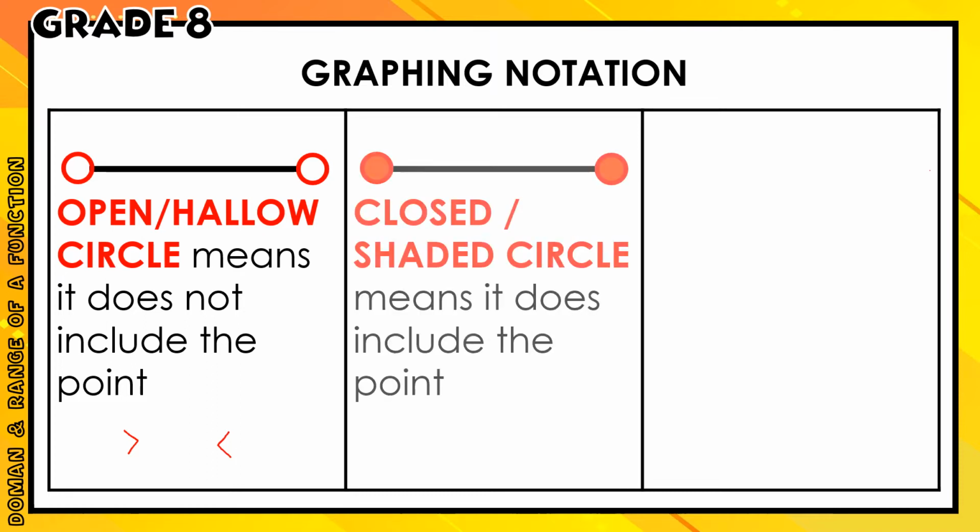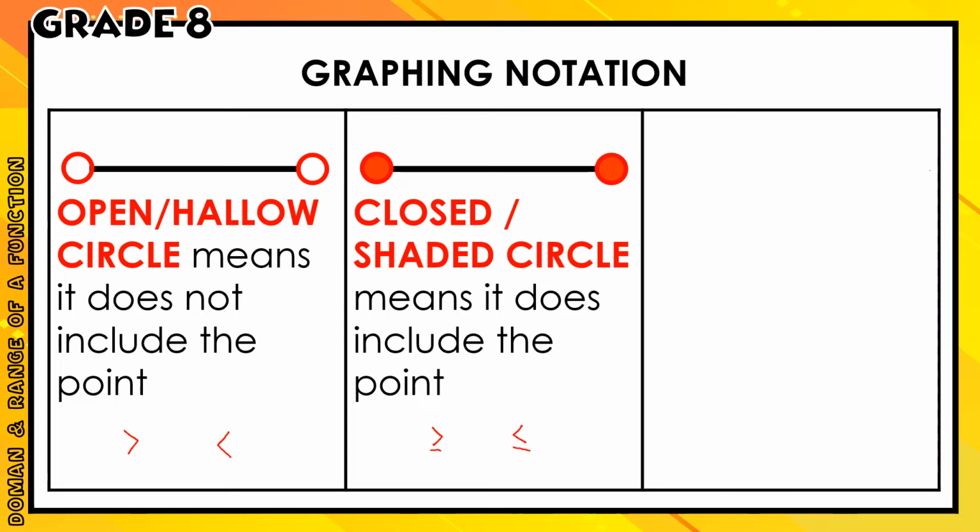Next on our list is that we use a closed or shaded circle, which means it does include the point. So the symbol that we're going to use can be a greater than or equal to symbol or a less than or equal to symbol.